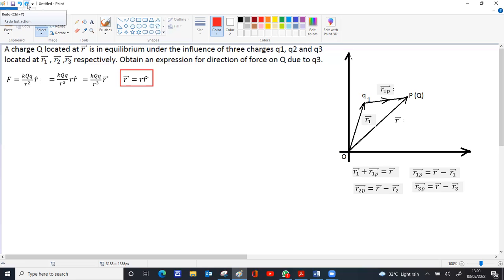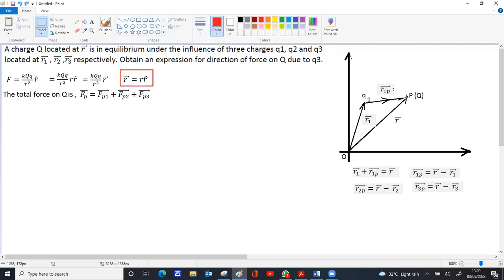Now the net force on the charge at P will be FP due to charge 1, FP due to charge 2, FP due to charge 3: FP1 plus FP2 plus FP3. So we can find FP1, FP2, FP3.